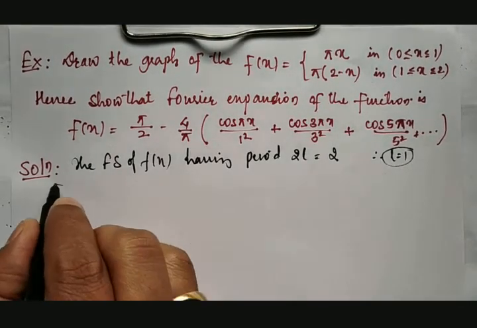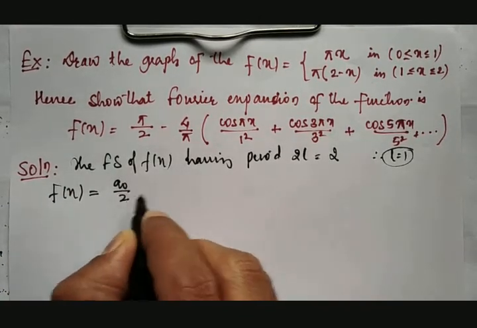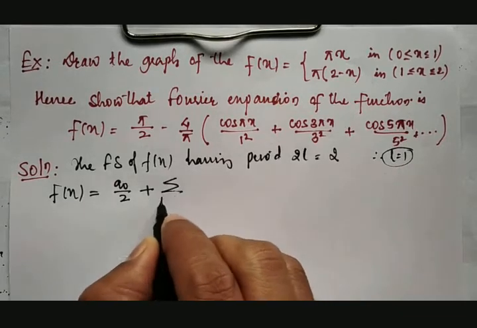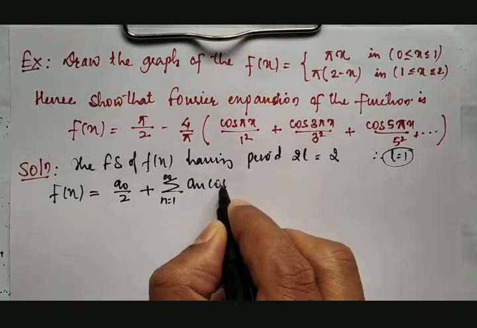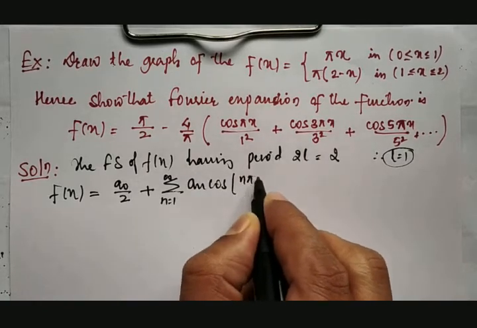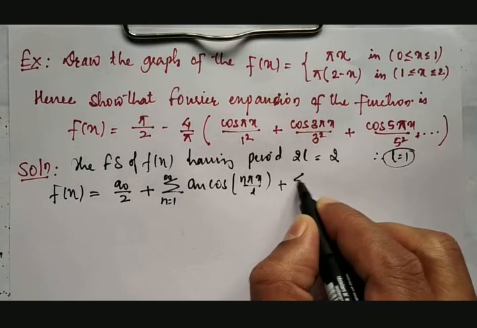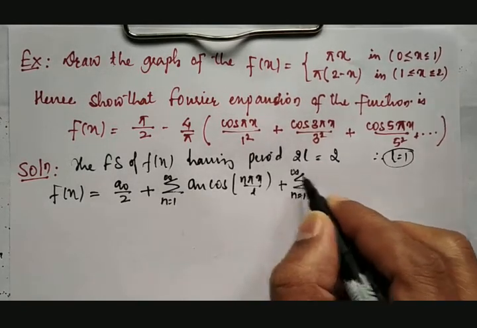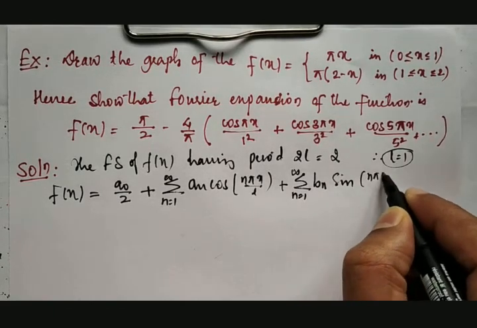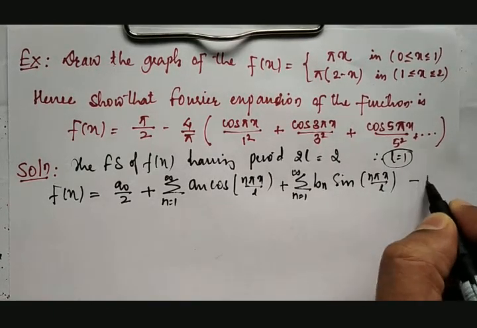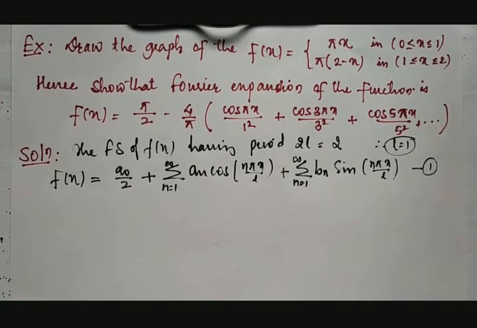Therefore, f of x is equal to a naught by 2 plus summation from n equal to 1 to infinity of an into cos n pi x divided by l plus summation from n equal to 1 to infinity of bn into sine of n pi x divided by l. Let us take it as equation number 1.